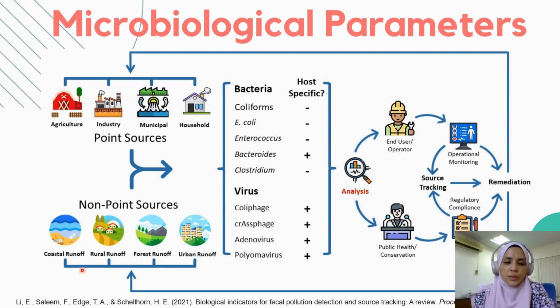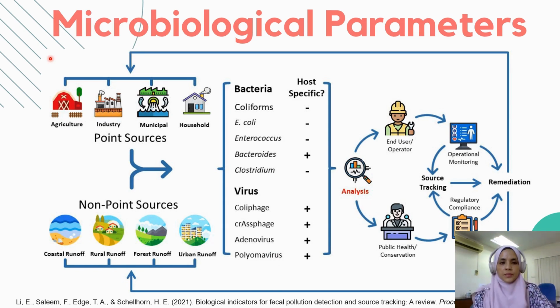Non-point sources can come from coastal runoff, rural runoff, forest runoff, and also urban runoff. This includes bacteria, such as coliform, E. coli, Enterococcus, Bacteroides, Clostridium. Viruses include coliphage, adenovirus, and poliovirus.